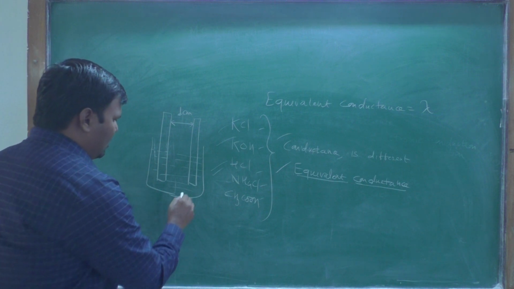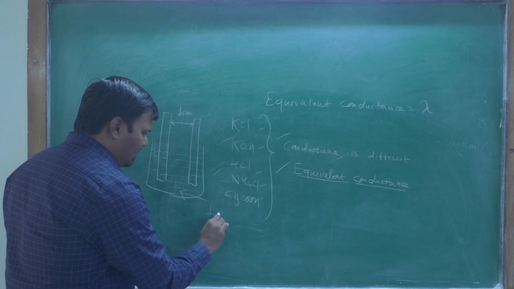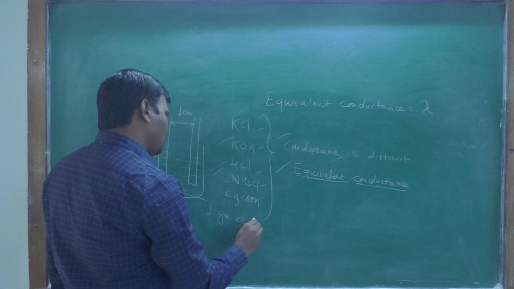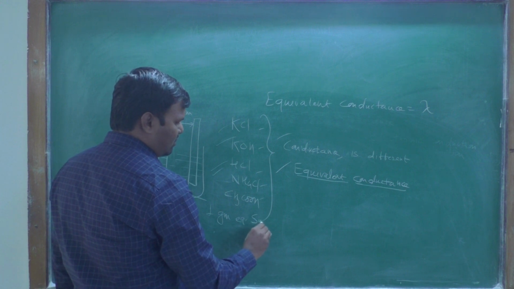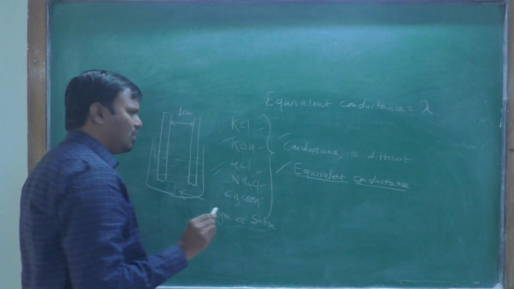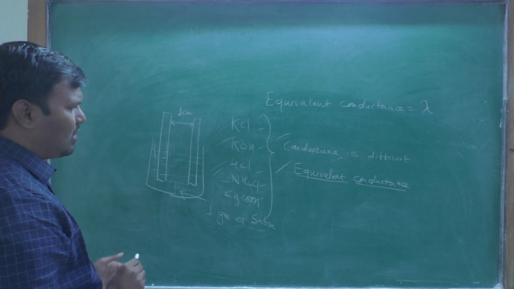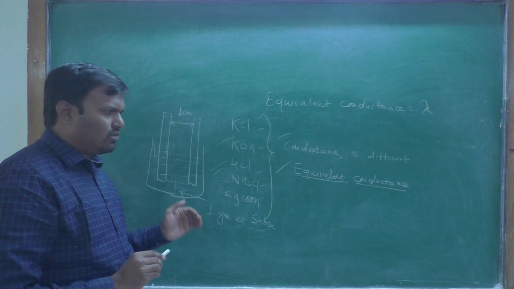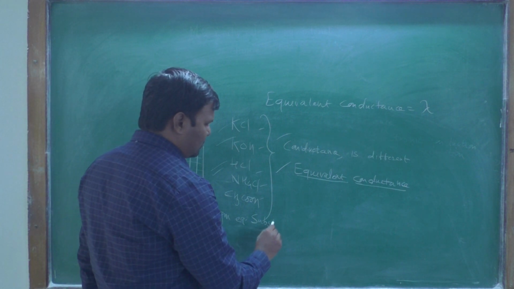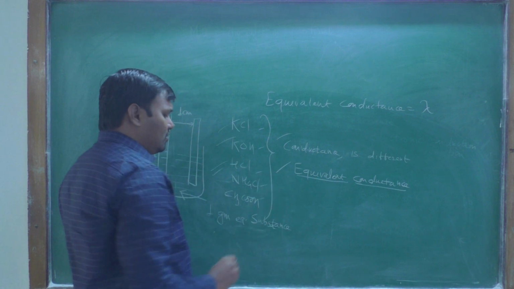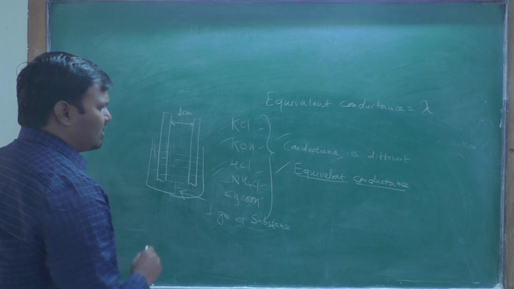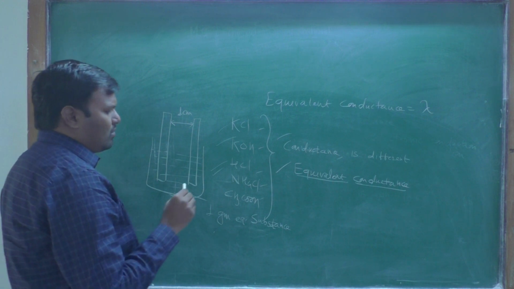That electrolyte contains 1 gram equivalent of a substance, any substance. This is for the comparison of the different types of electrolytes. The equivalent conductance is a very important thing. The 1 gram equivalent substance gives a particular conductance, that is called the equivalent conductance.